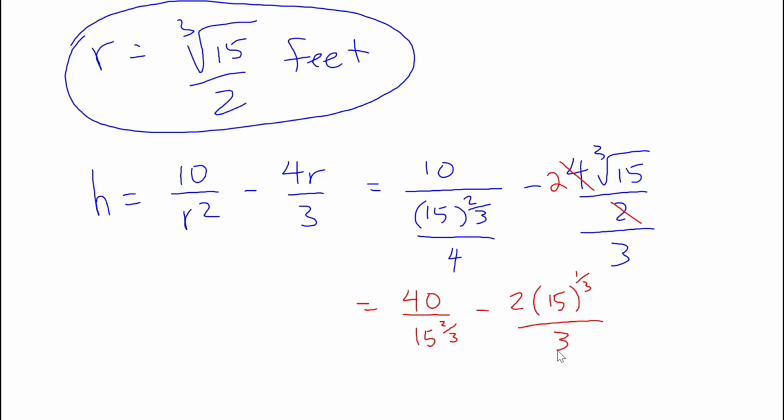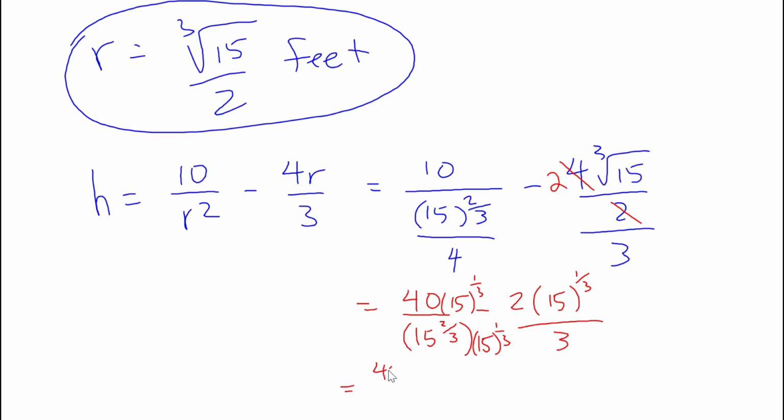Seems like our best course of action is just to, let's just multiply. Let's see how this works. If we multiply by the cube root of 15 over here, so if I do 15 to the 1/3 here and 15 to the 1/3 here, that's going to end up giving us just a 15 in the denominator.